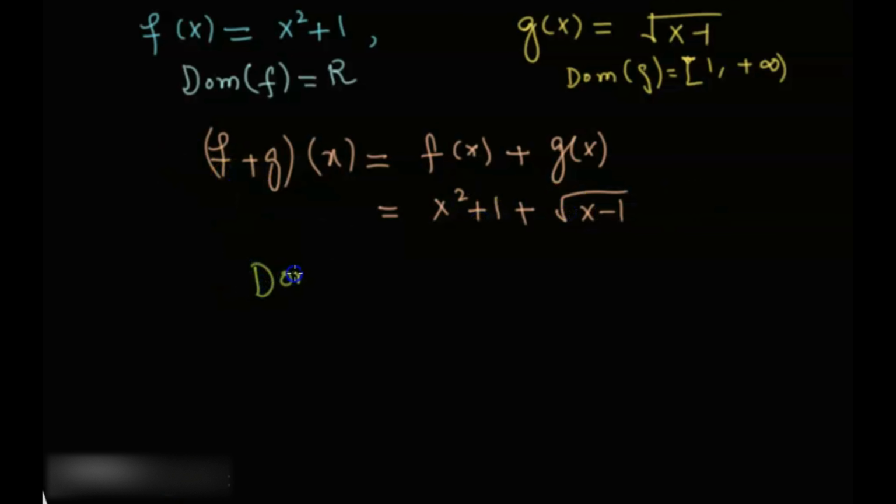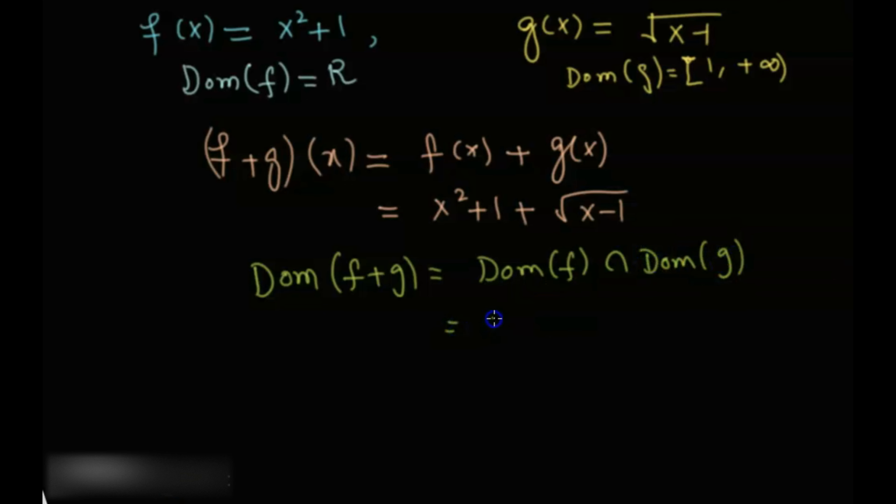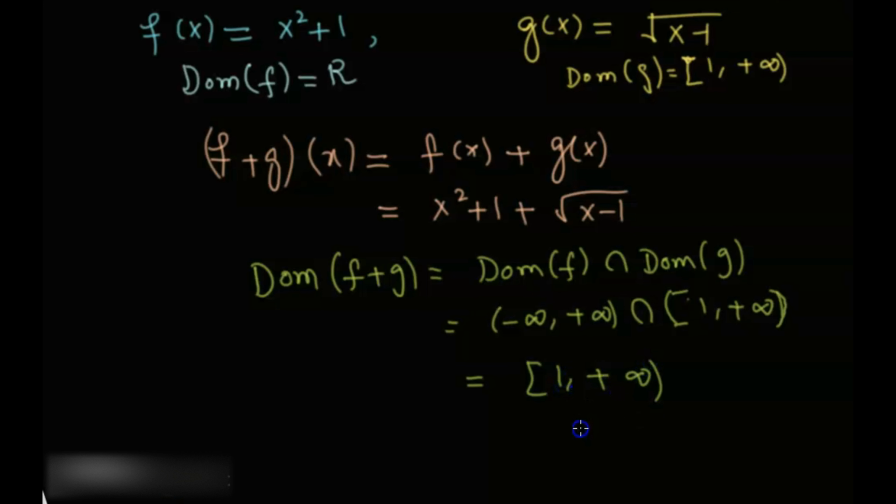The domain of f plus g is the domain of f, minus infinity to plus infinity, intersection with the domain of g, which is 1 to plus infinity. I assume you know how to perform this intersection, and it is equal to 1 to plus infinity.